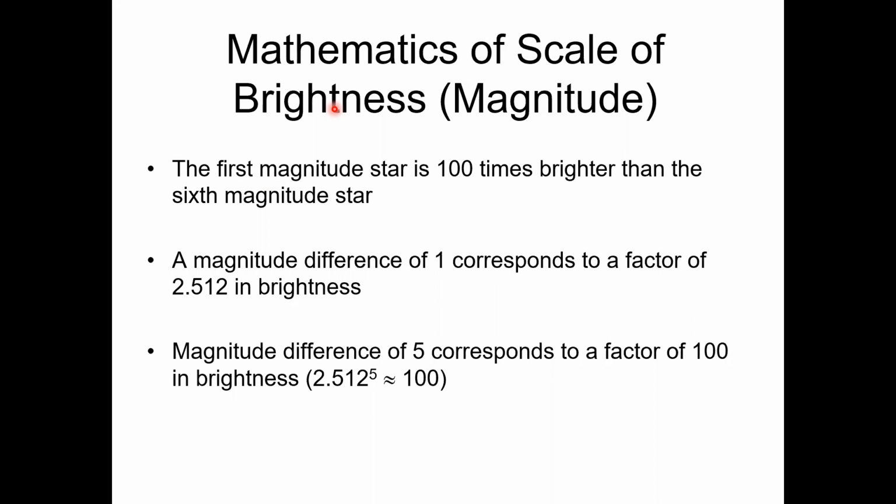According to the scale, if you know the actual brightness, and if you look at the magnitude numbers given to these stars, our ancestors, without even going through scientific measurements, now we know that the first magnitude star is 100 times brighter than the sixth magnitude star. So if you take the magnitude of a star, and then add another 5 magnitudes to that number, you get the second star, right?